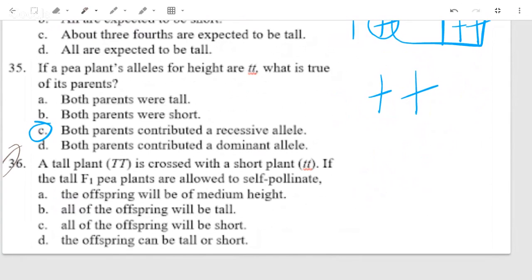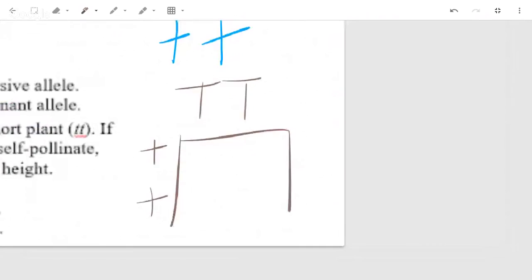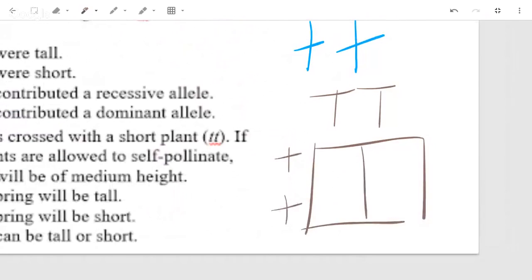For 36, we got big T crossing with little t. So if you take the family that's made and allow them to cross, what do you make here? You make big T, little t. That's the whole family right there. They're all big T, little t.